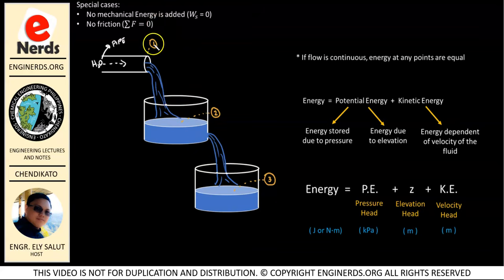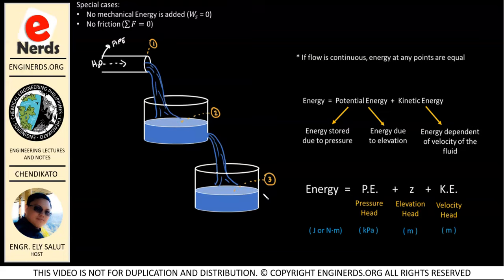So, our point 1 here is itong end ng ating pipe kung saan lumalabas yung ating liquid. And then, ang ating point 2 is itong sumasalo ng ating liquid water, no? Then, let's say, it is again flowing to another container here, which is our point 3.